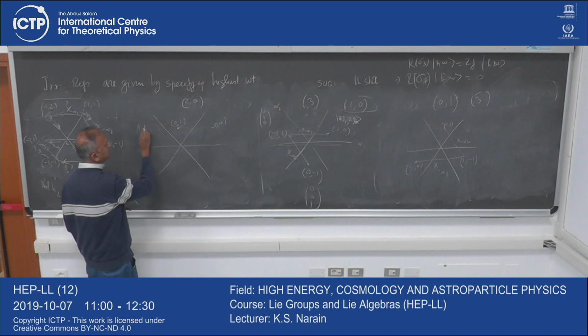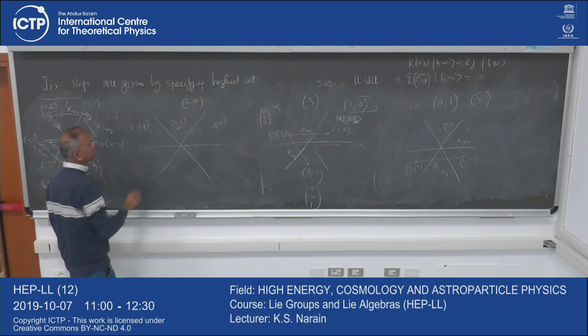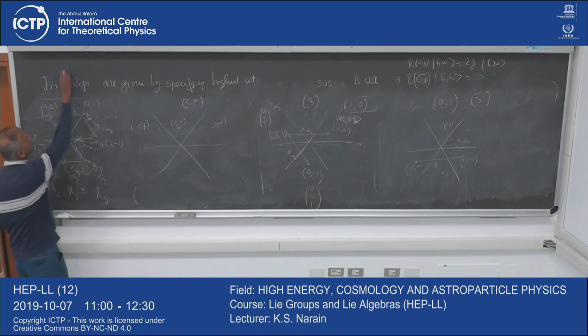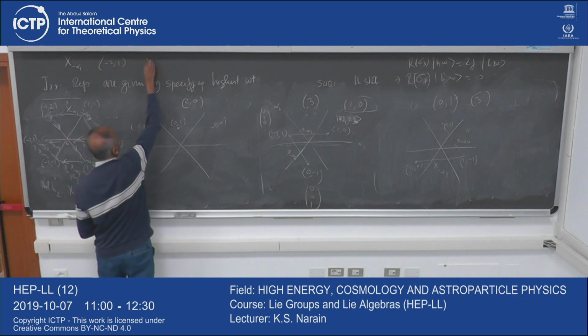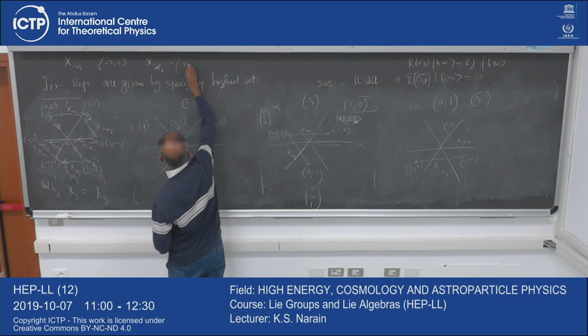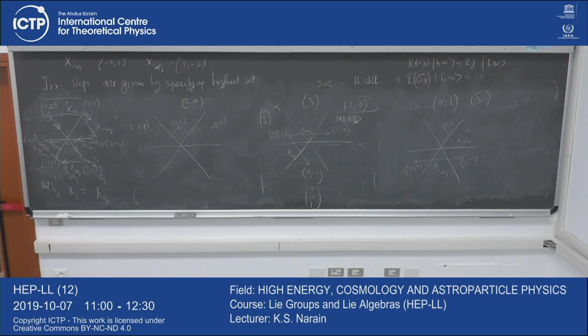And then I apply a second time, I'm going to get here minus 2, comma 2. Maybe I should write down somewhere here. X minus alpha 1 has eigenvalues minus 2, 1. And x minus alpha 2 has eigenvalues 1, minus 2. So you just have to add these eigenvalues whenever you apply on some state.